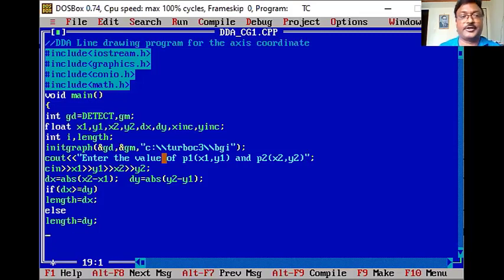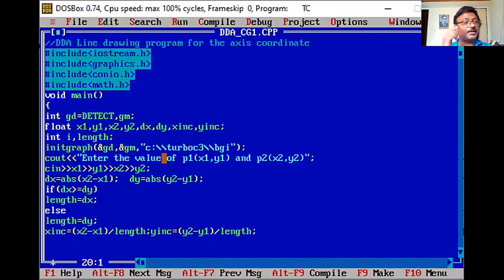Now, once you have calculated dx, dy and then length, you need to calculate what? x increment, y increment. So x increment is equal to what? (x2 minus x1) divided by length, and y increment is (y2 minus y1) divided by length.